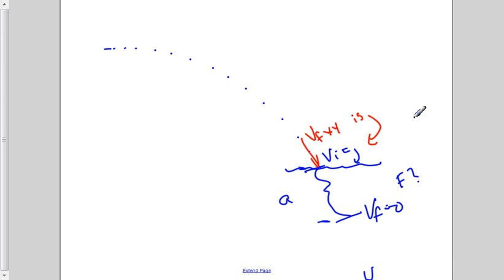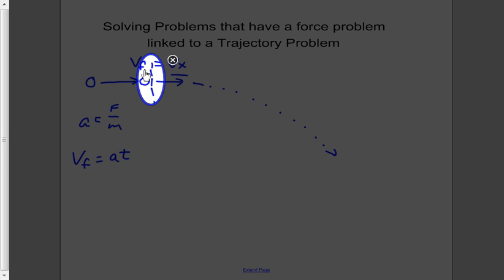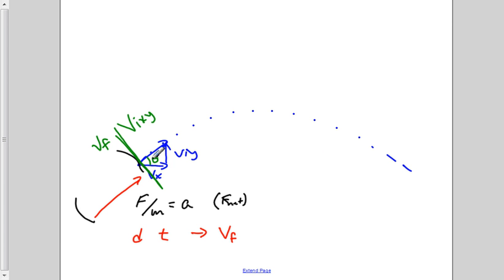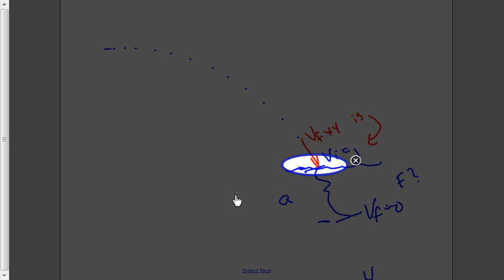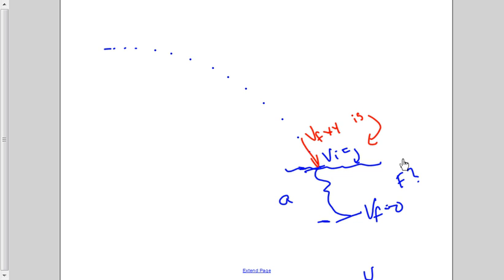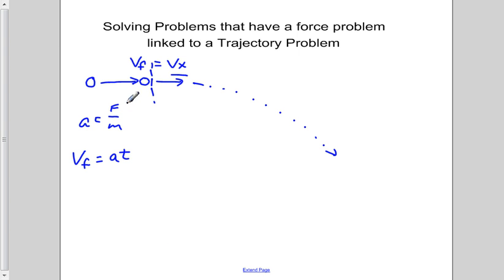So the direction of the velocity at the moment that the trajectory either starts here or here, or the moment that that trajectory ends here, is very important, because that direction tells you whether the velocity in the trajectory should be a VFXY, a VIXY, a VX, and so on.